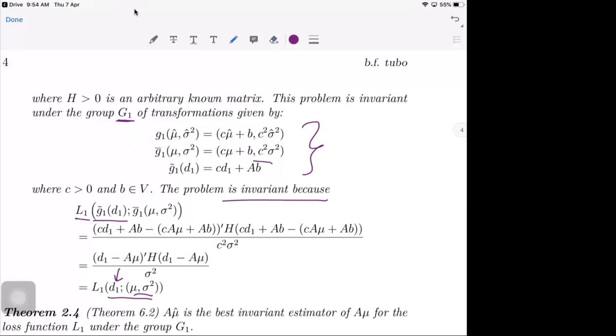Mao man ni ang transformation sa imuhang estimator space. So let me write again the Mahalanobis loss function.